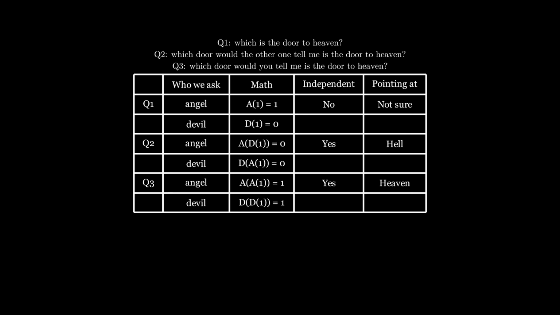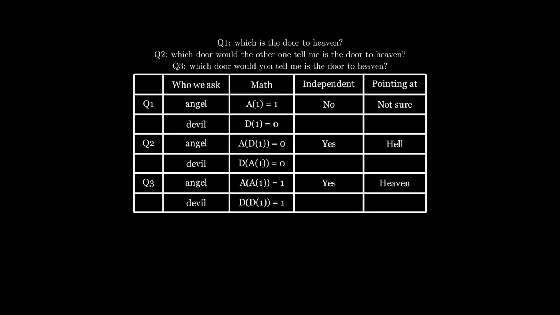If you ask that to the devil, you get the devil of 1, which is the devil of 0, which is 1. So again, regardless of who you ask the question to, the answer is going to be the same. And in this case, the answer is 1, meaning that they will be pointing to the gate to heaven.